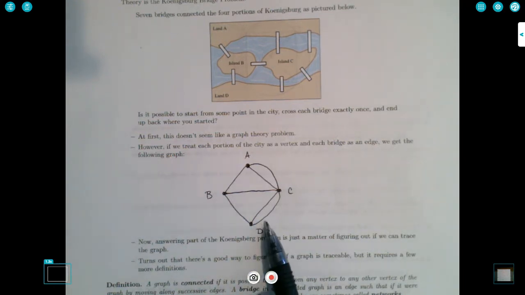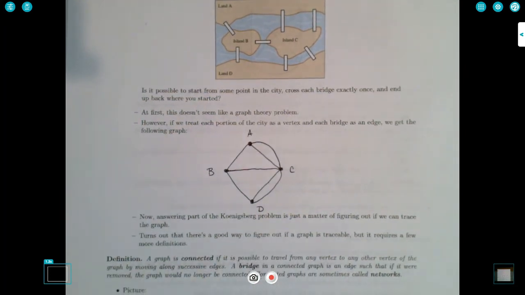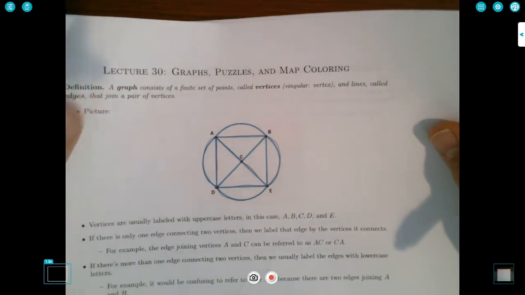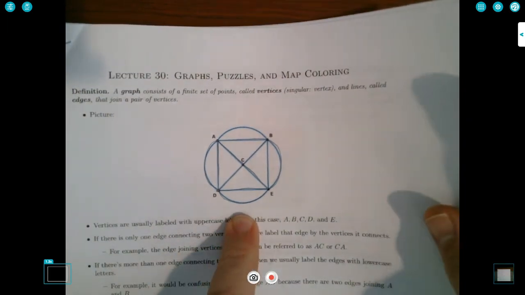But really, the question is, can we trace the graph? Well, turns out there's a good way to figure out if a graph is traceable, but it requires a few more definitions. So by the way, if you paused the video a second ago and you were trying to trace out this very first graph, and you were getting really frustrated because you couldn't figure it out, it's because this graph is not traceable. And we'll talk about why.